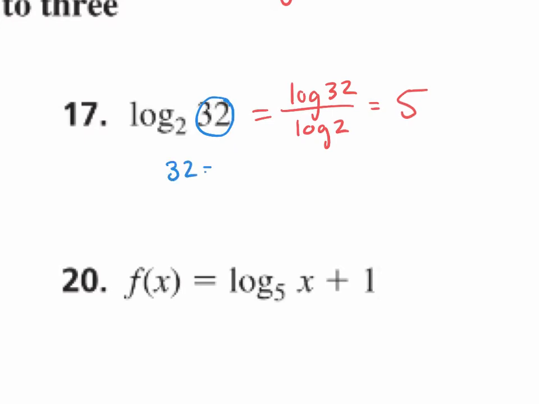So we would say 32 is equal to 2 raised to what power? 5. So this would be log base 2 of 2 to the 5th power. Log base 2 of 2 cancels, and we're just left with 5. So 2 different ways to do this one. You can put it in the calculator using this way, or do it by hand this way.